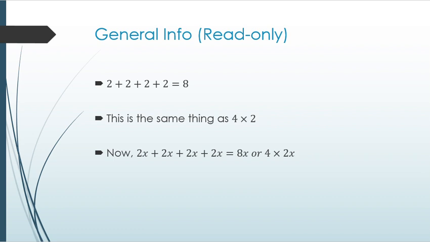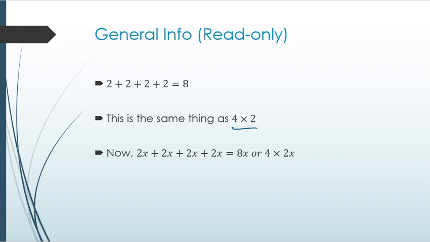So general info, read only. So you know from a basic point of view, 2 plus 2 plus 2 plus 2 equals 8, and anyone can figure it out. Now, just realize this is the same thing as 4 times 2, all right?